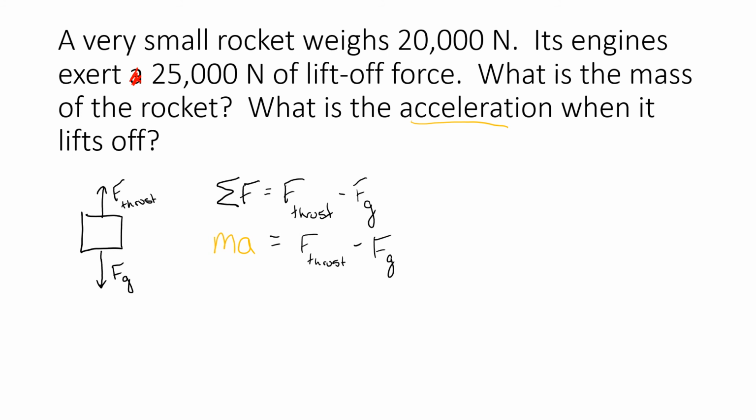So now that we've got that, let's go back and ask ourselves, what are we being asked to find? First question is, what is the mass of the rocket? So take a second, think to yourself, what is the mass of the rocket? And do we need to solve for it?